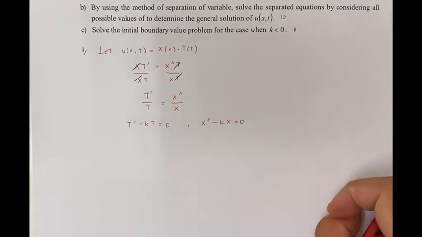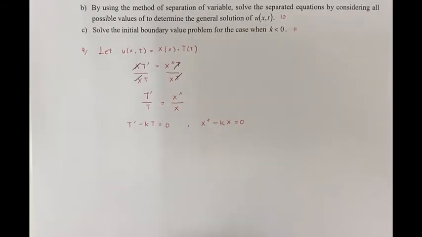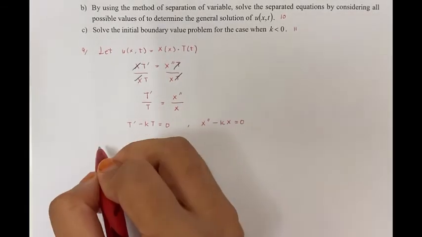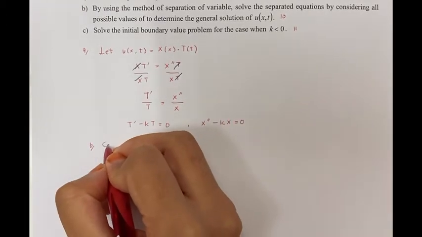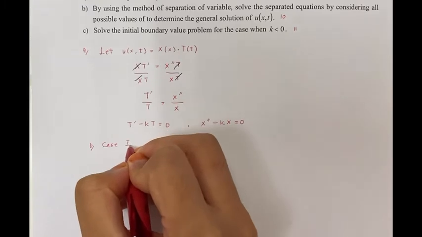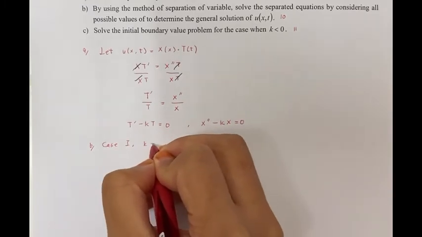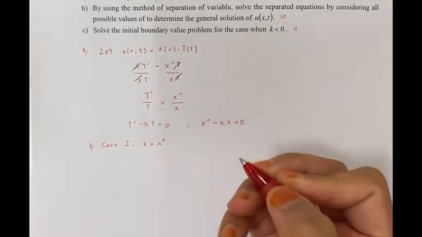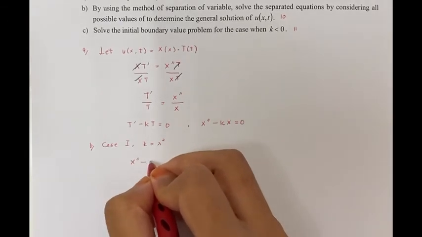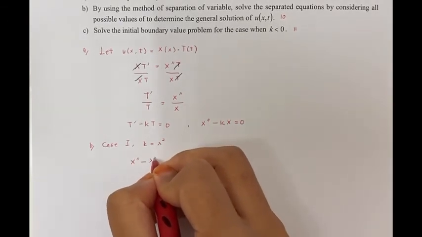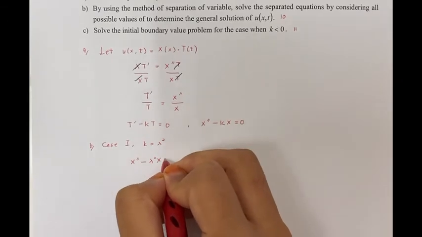Continue with B: by using the method of separation of variables, solve the separated equations. So moving to step 2, consider the 3 cases. Case 1, when K is positive, K is equal to lambda square. Substitute lambda square into K, you have X double prime minus lambda square X equal to 0.